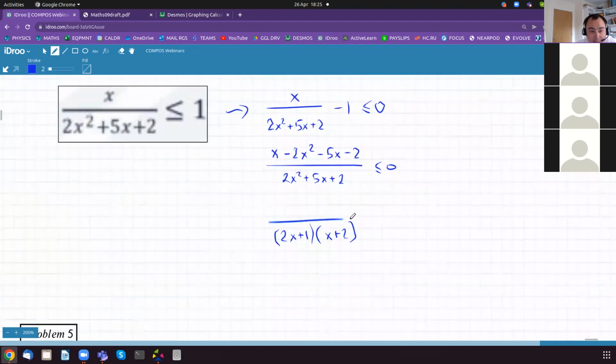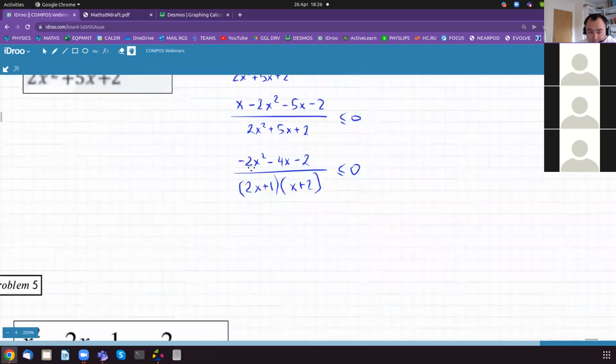And here, this is going to be minus 2x squared minus 4x minus 2. Now, of course, it depends on your preference.